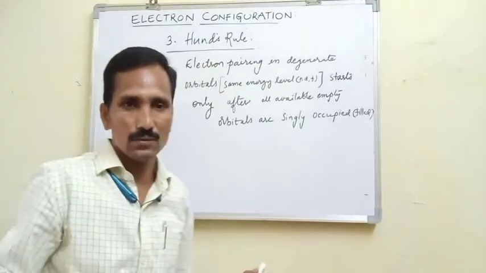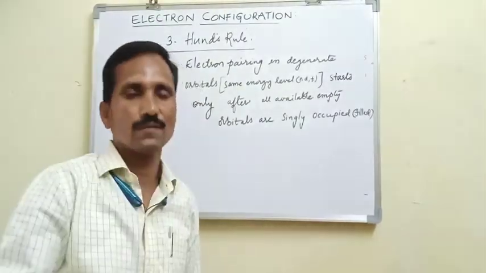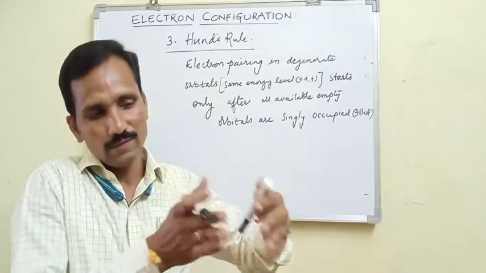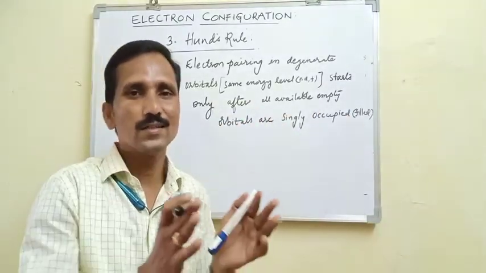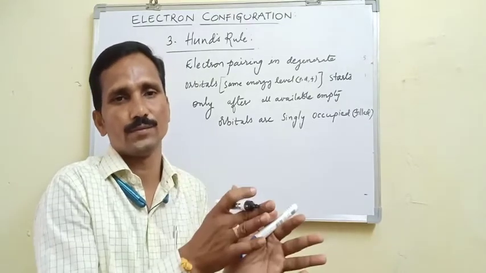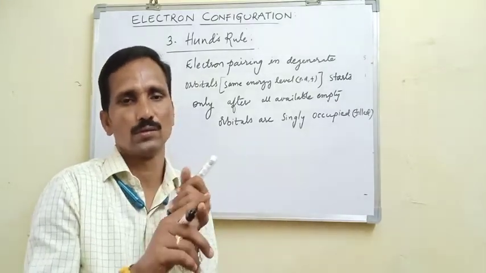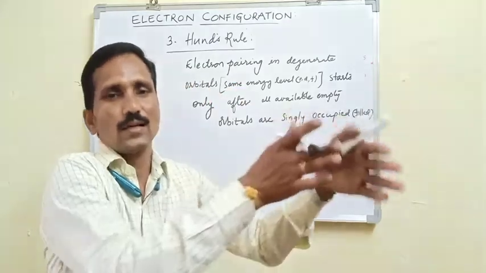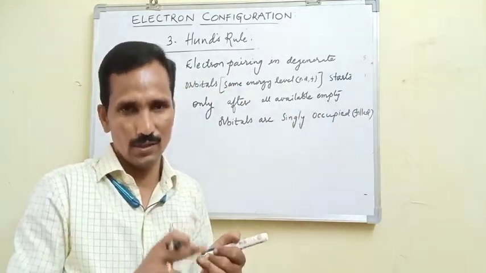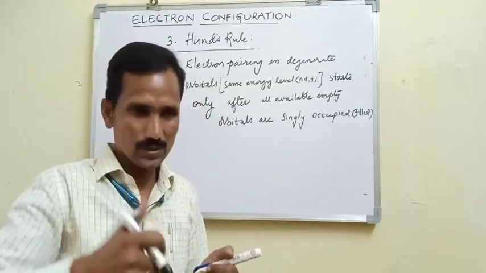When the second electron joins with the first electron, the available empty orbitals are singly filled first. Each orbital in the p, d or f subshell gets one electron, then pairing will start.